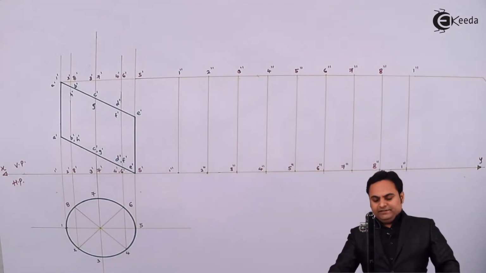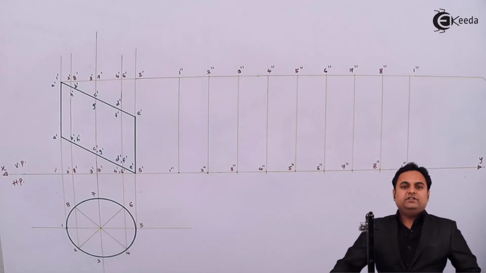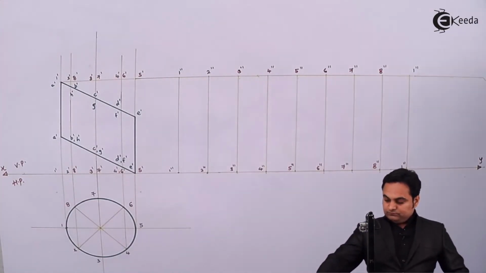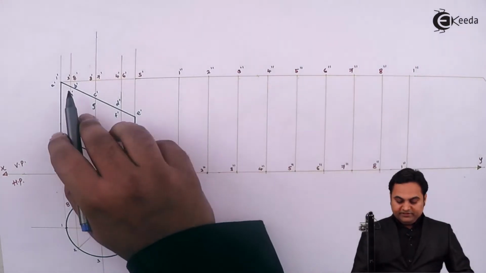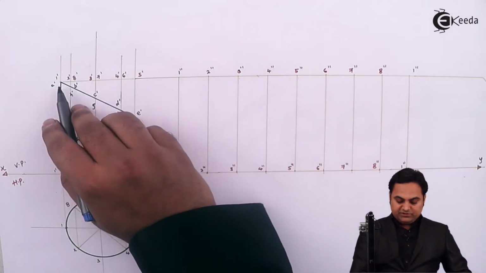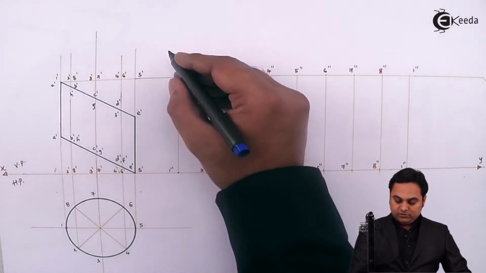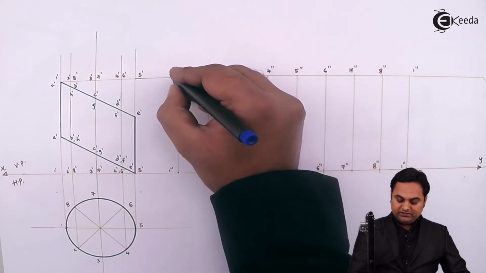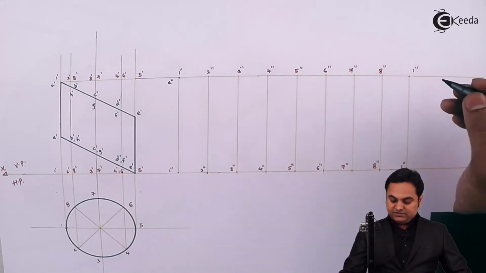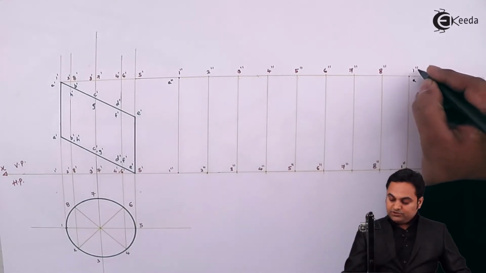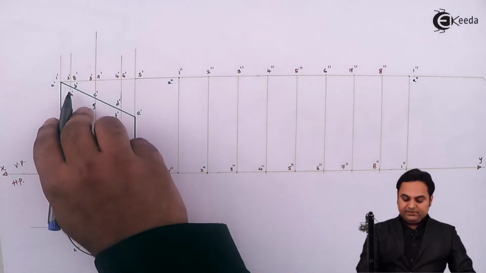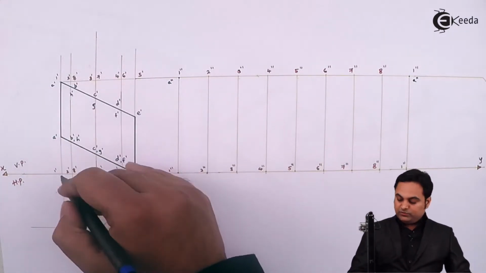Next, I need to project the points at which the cylinder is being cut. So starting with A dash, when we take the projection of A dash will lie directly on 1 double dash because it is meeting point 1 dash. So here we have point A double dash. Similarly, we have A double dash here as well, because here also there is point 1. Next, plotting B dash, it is on 2 dash 2 dash.